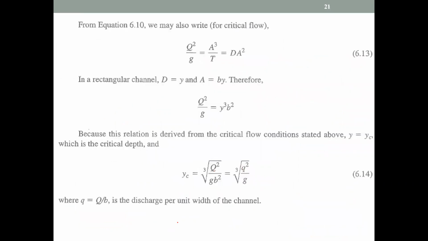So now, what we do after that, we simplify it for a rectangular cross section. So the same equation, you can write it. Now if you consider this kind of a rectangular cross section, this hydraulic depth D is equal to Y, only for the rectangular cross section.